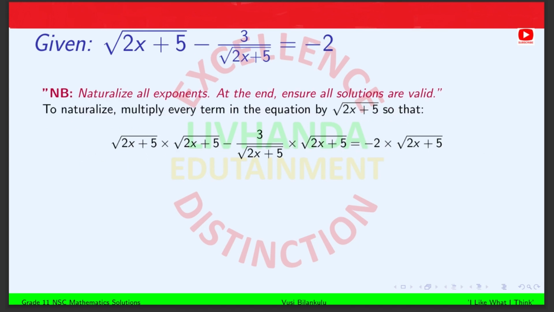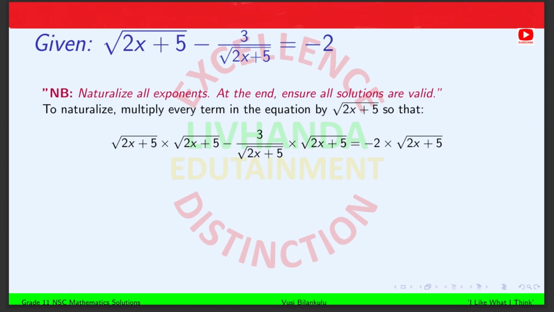Consider an equation given by the square root of the sum of 2x plus 5, minus 3 over the square root of the sum of 2x plus 5, equals negative 2. To solve for x, it is necessary to first naturalize all exponents.